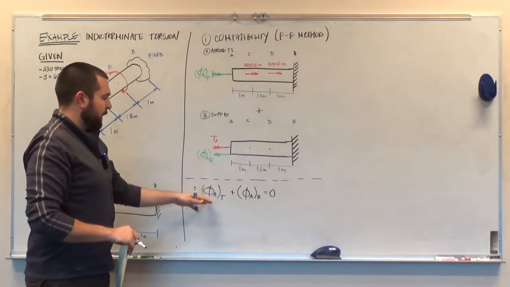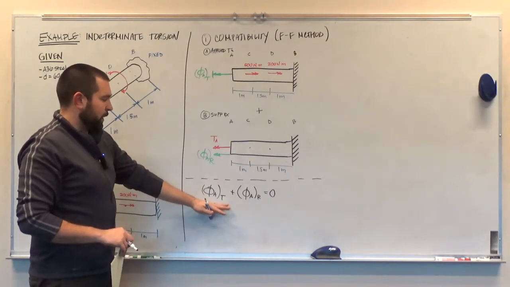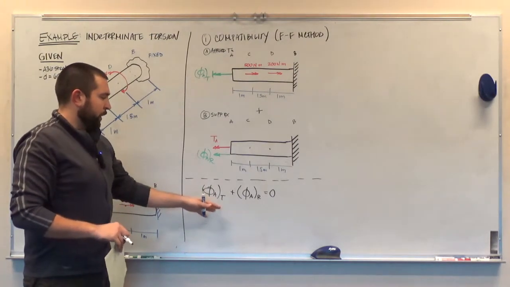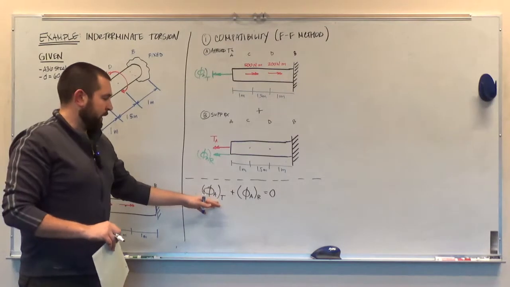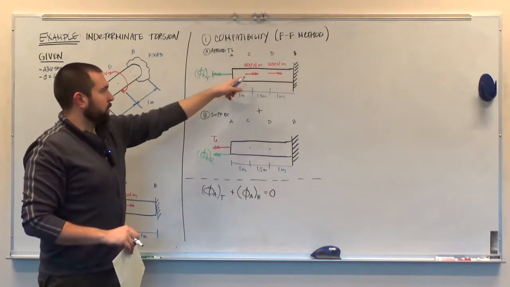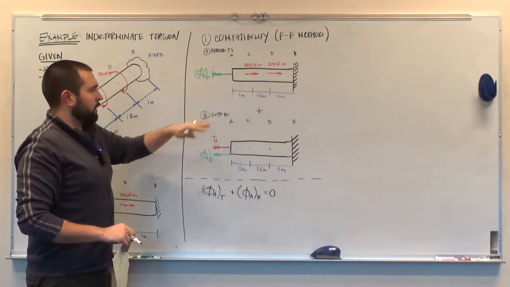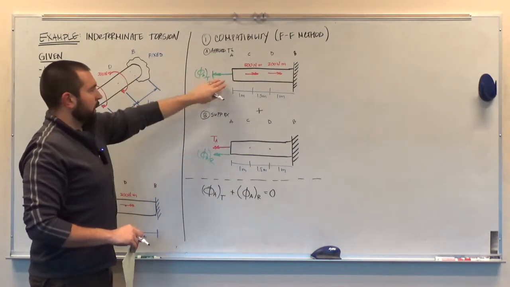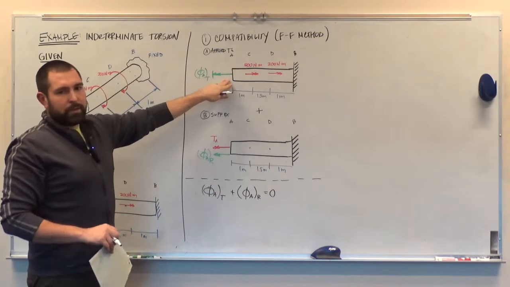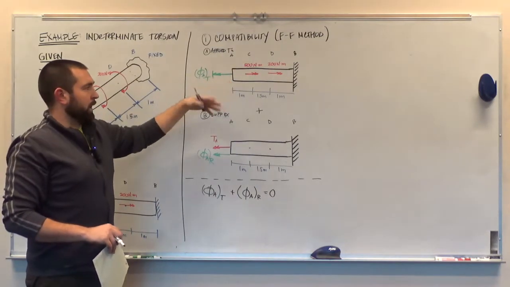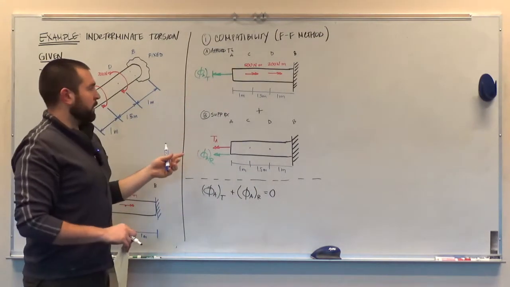And then once we have that, one of these is going to be a discrete value, say for example 0.01 radians or something like that. That's going to be this one because we know what the torques are, we know what the material properties are, we know what the length is, we know what the section properties are, we're going to get an actual amount of rotation out of this first system. Again, like I said, it might be maybe 1/100th of a radian.